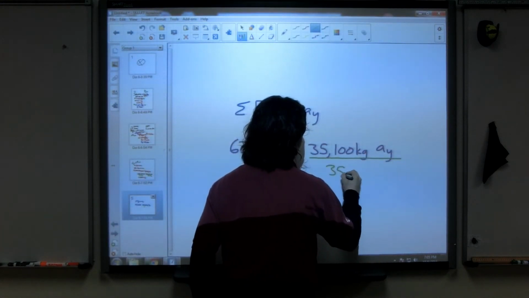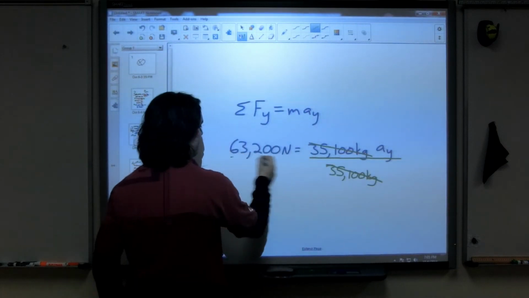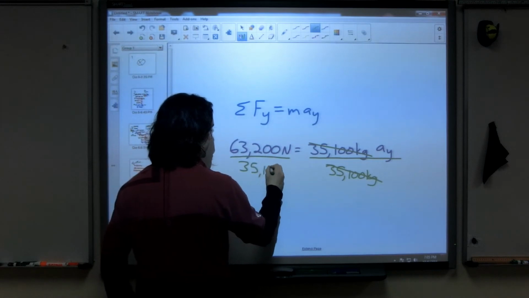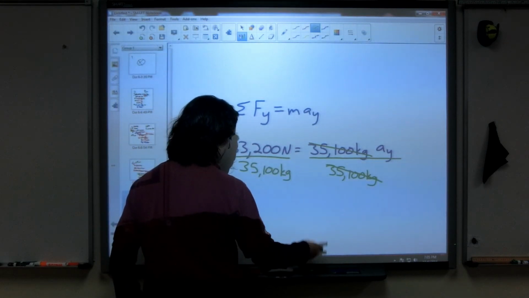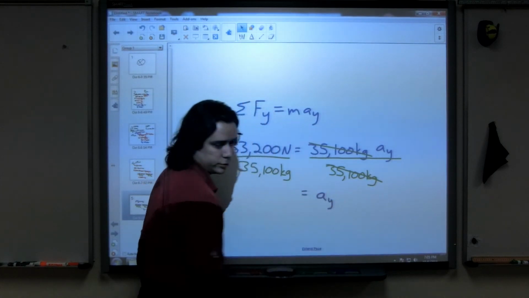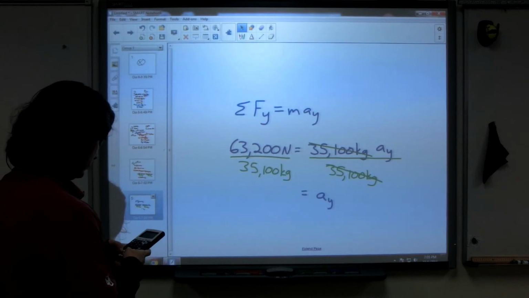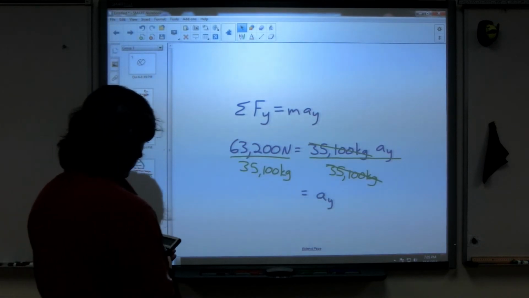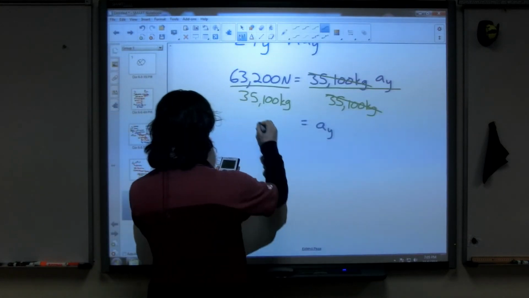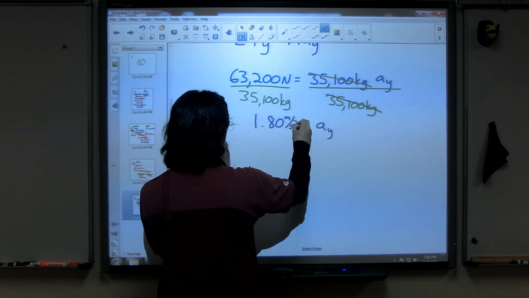I'm going to divide by 35,100 kilograms. Do the same thing to both sides. And I get my acceleration in the y being equal to 1.80 meters per second squared.